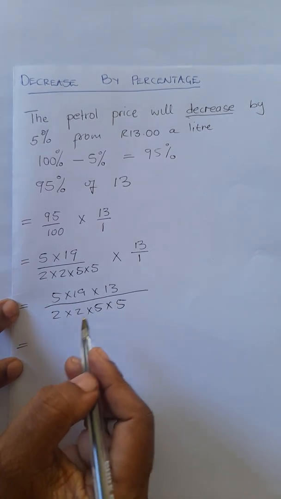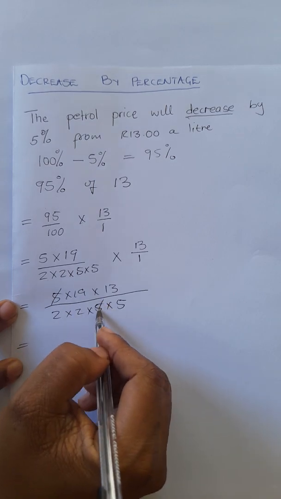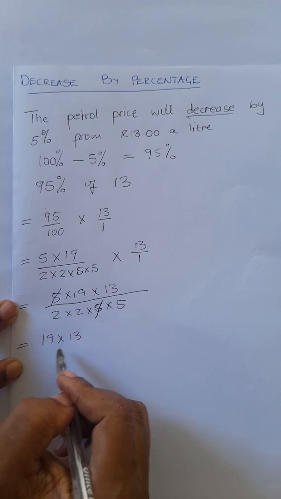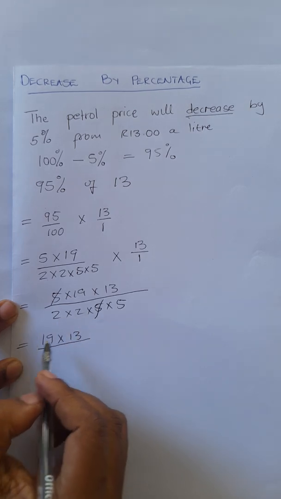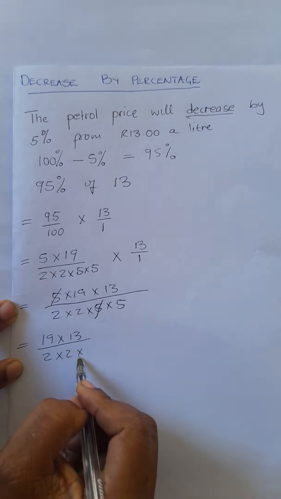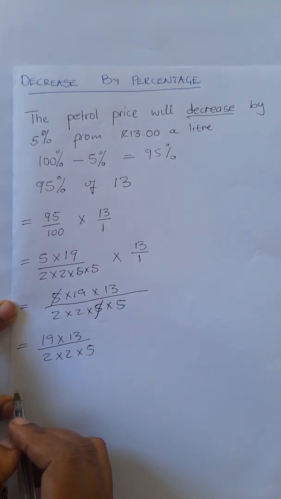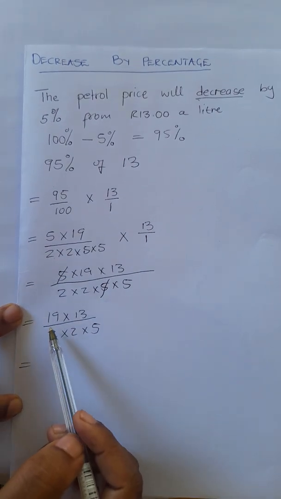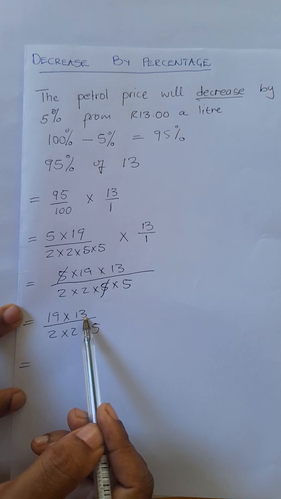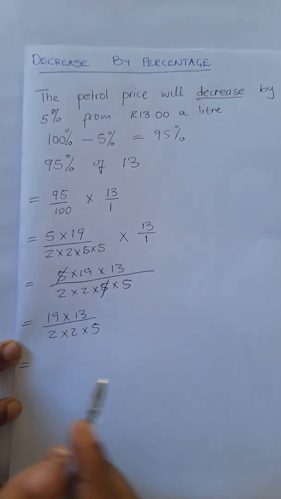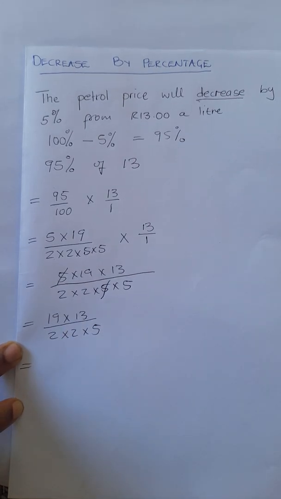Now we look for the common items or the pairs, and 19 multiplied by 13 will remain there, and we will have at the bottom 2 times 2 times 5. Then we will have to get the answer for 19 times 13. So what is the answer for 19 times 13? Let me see.